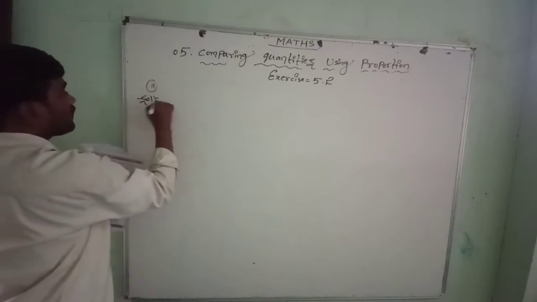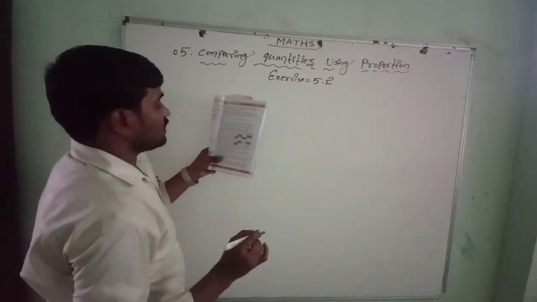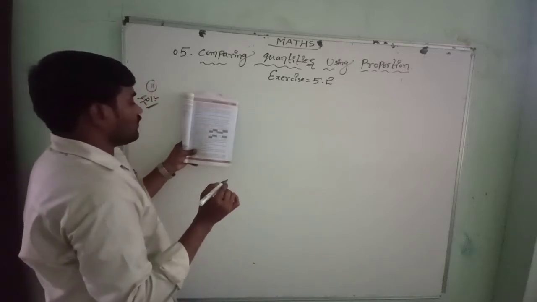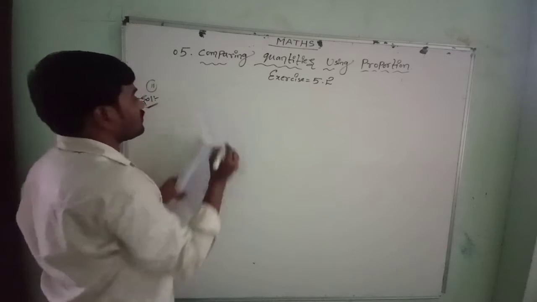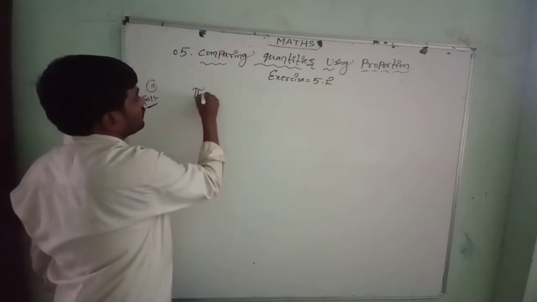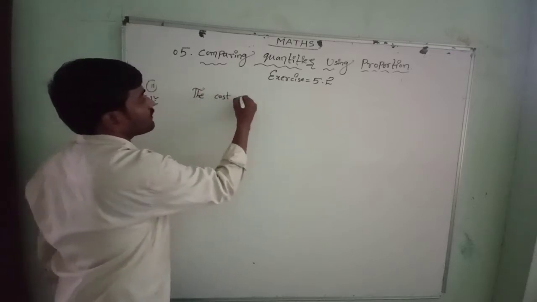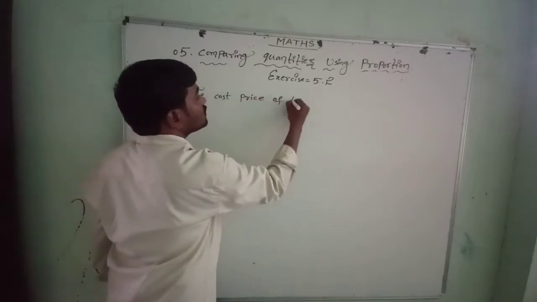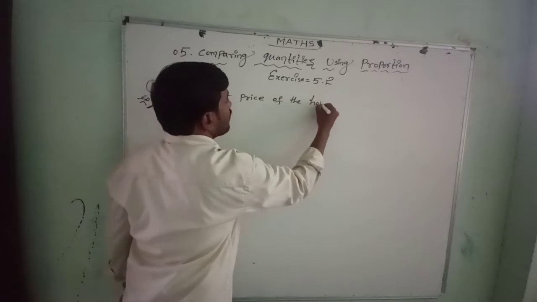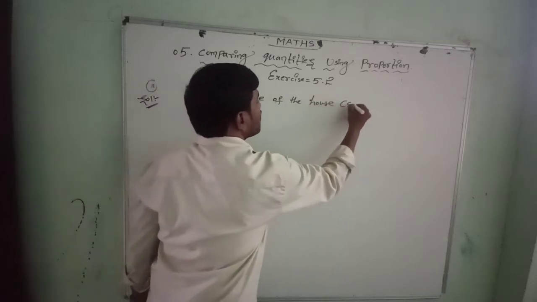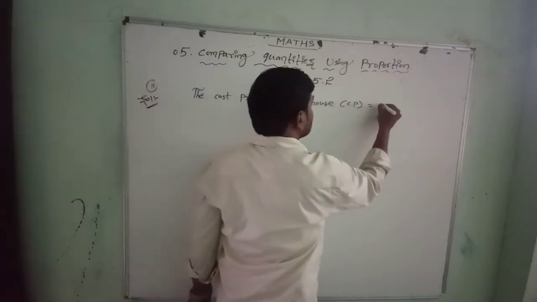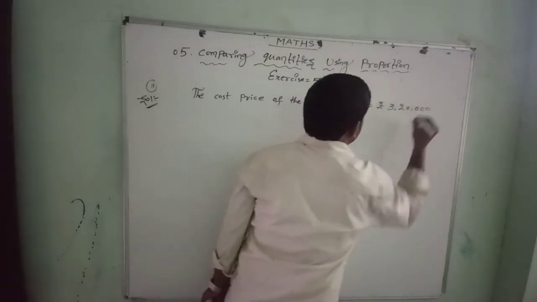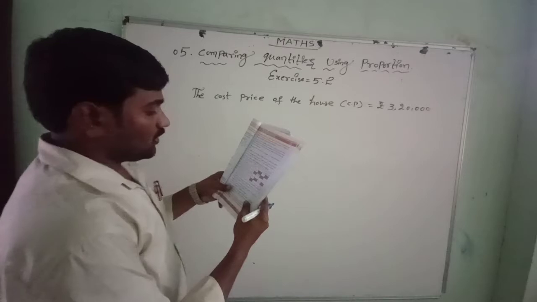See, the cost price of the house. Madhu and Kavita purchased a new house. What will be the cost price of the house? CP, cost price equals rupees 3,20,000.